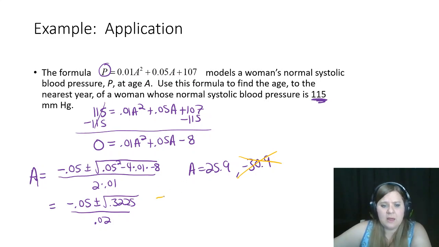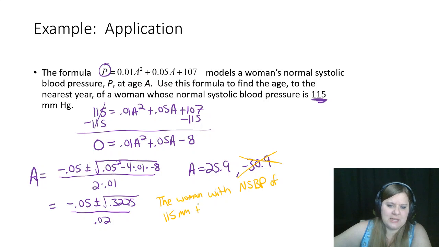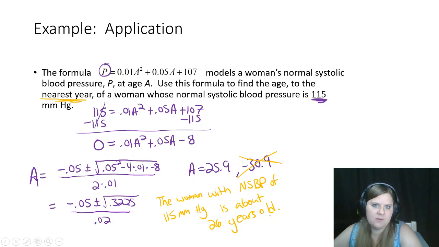So we say the woman with normal systolic blood pressure of 115 millimeters Hg is, well, it says to the nearest year, about 26 years old. So remember to restate what it is that you're finding and then put your answer with a unit. So in this case, rounding to the nearest year, it's 26 years.